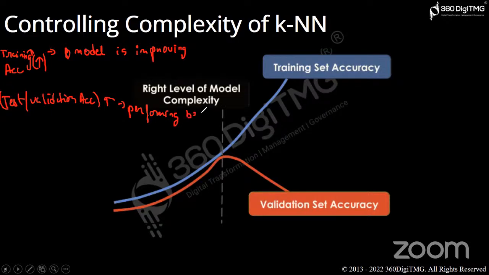Our model did not start off very good. Let's say, for example, this was 50% for one iteration. For the first iteration, it was 50-50 or nearly 50. This is probably like, let's say, 45 and 50.